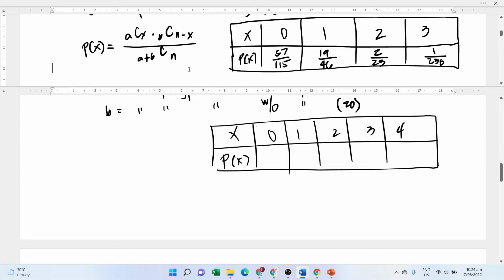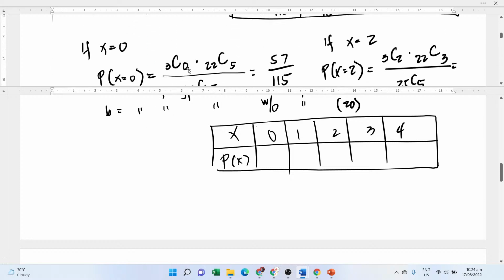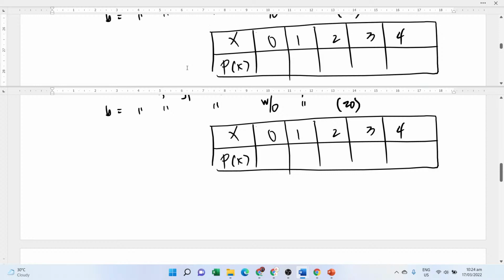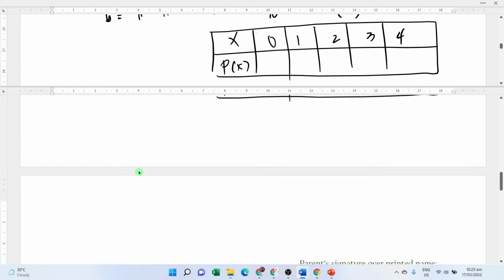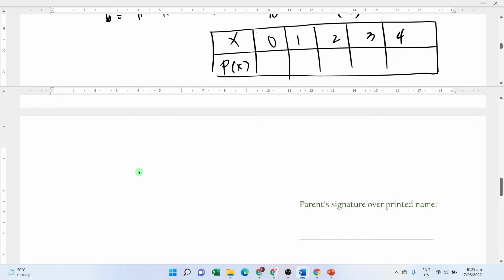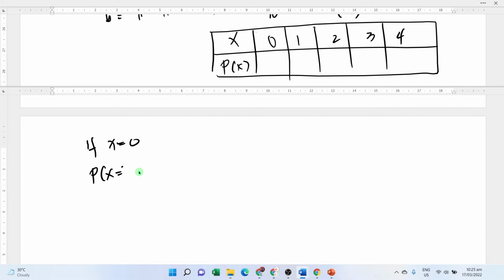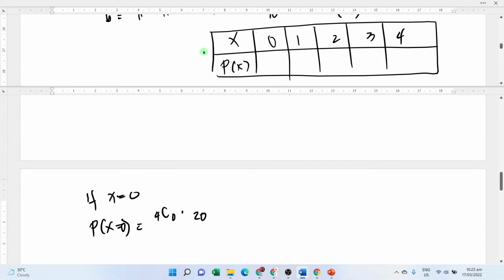Dito naman natin ilagay yung ating probability distribution table. Okay. Now, let us start with x equal to 0. So p of x equals 0 will be 4 combination 0 times 20 combination 8. Tama ba tayo? 20 ba yung B?